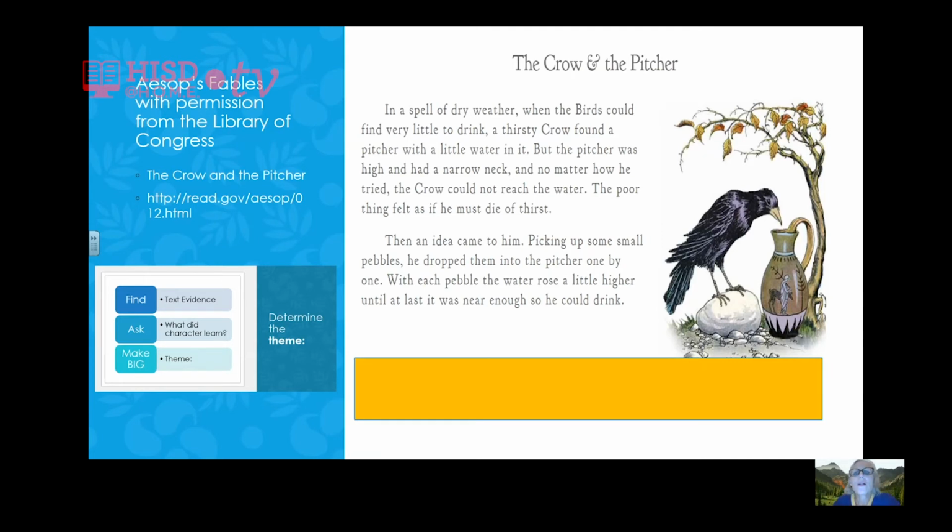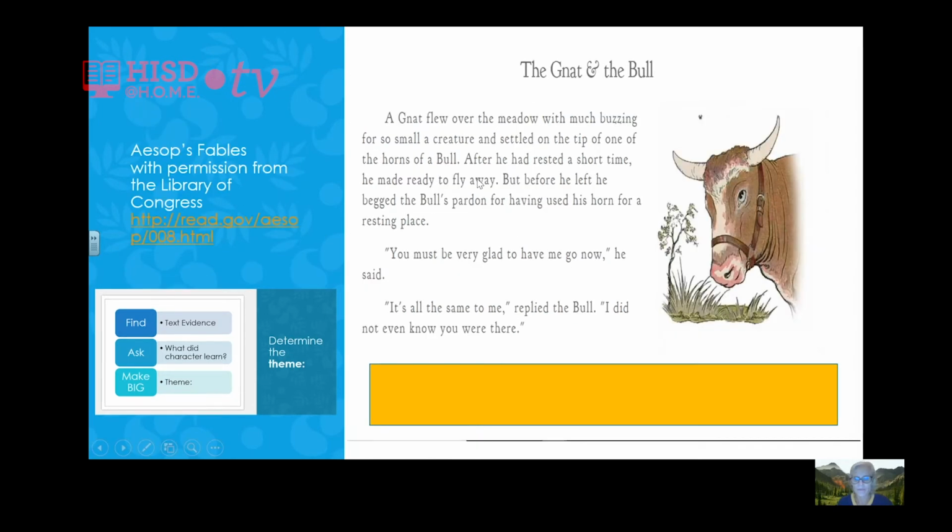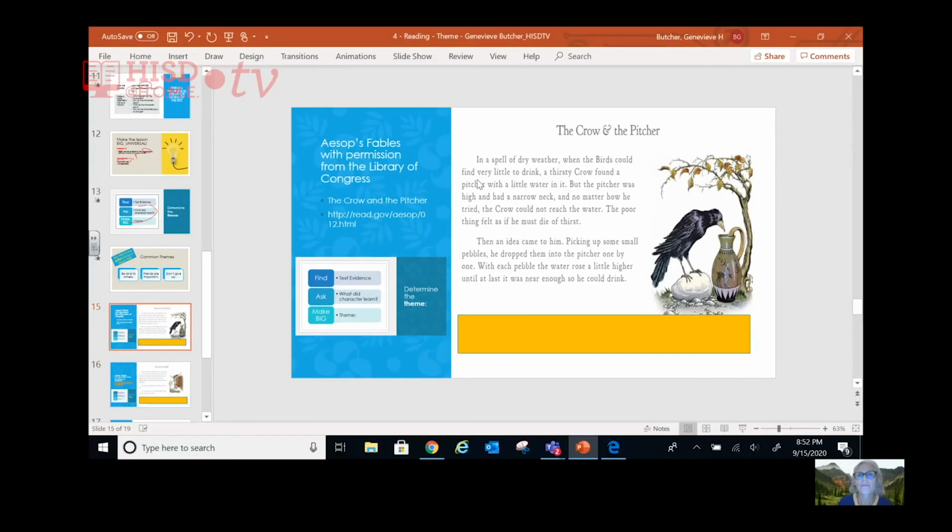In a spell of dry weather, when the birds could find very little to drink, a thirsty crow found a pitcher with a little water in it. But the pitcher was high and had a narrow neck. Narrow means really skinny. So he had a narrow neck right there, pretty skinny.